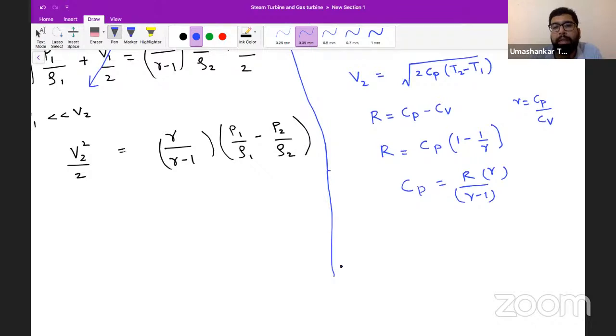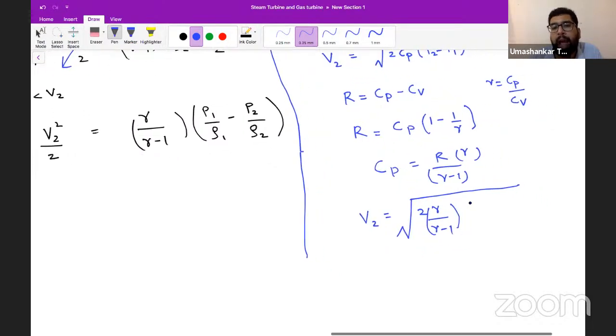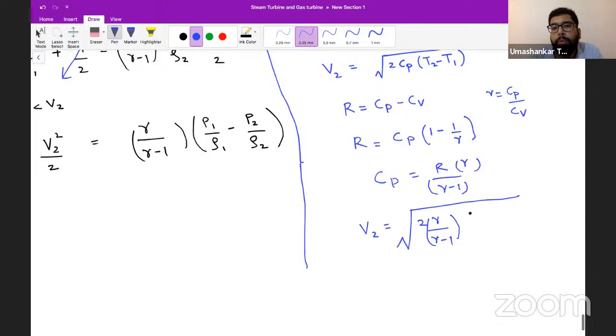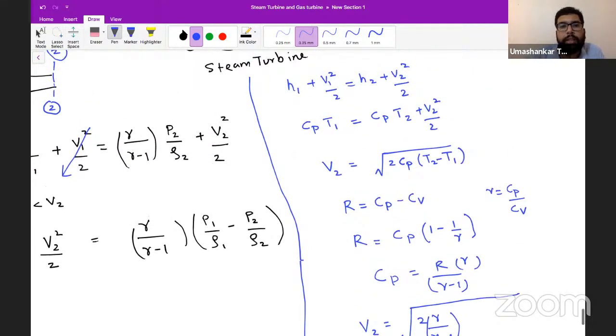So if you place this value of Cp in the above equation, which we are trying to derive, this will become 2 times gamma upon gamma minus 1 into Cp (T1 minus T2). Sorry, it is T1 minus T2, my mistake.